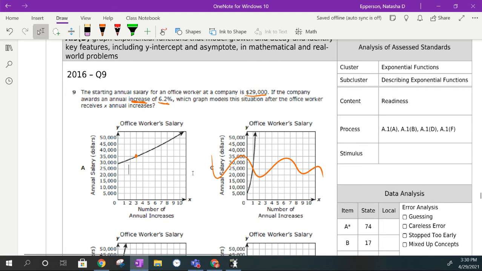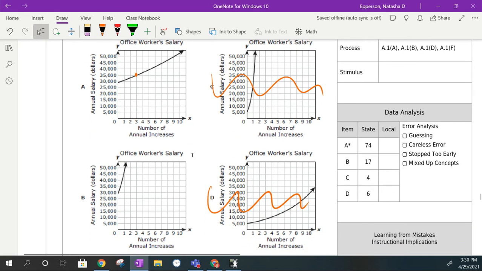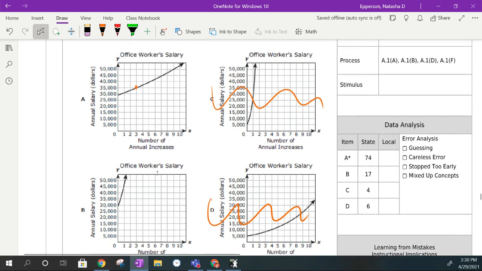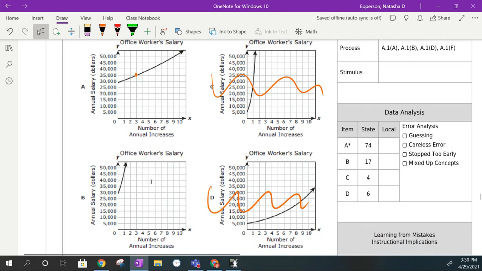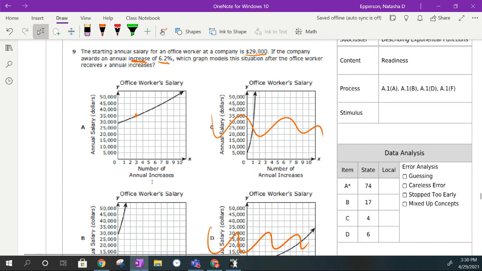That means 29,000 times 6.2 to the power of 3. That's going to give me... sorry, I'm putting the wrong value there. Hold on. Annual increase.